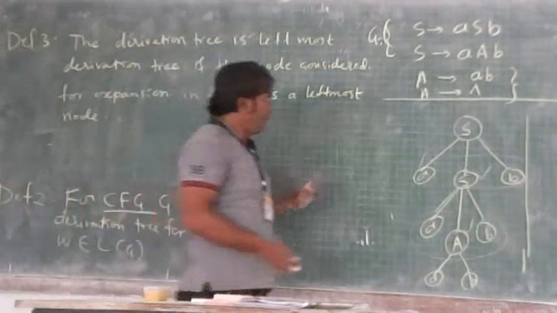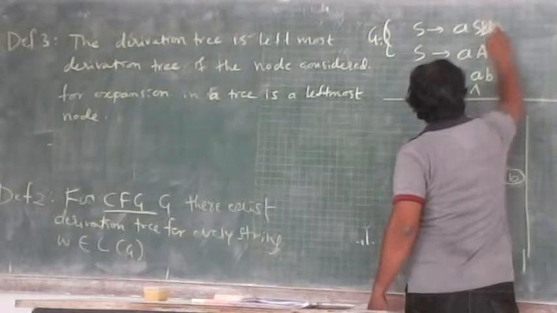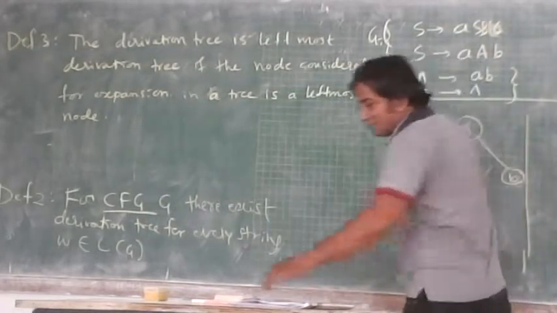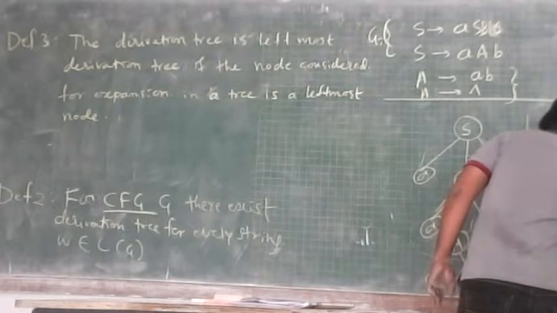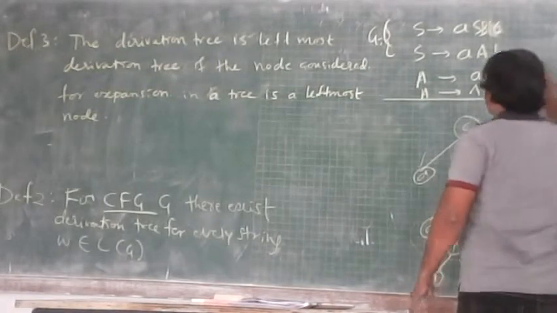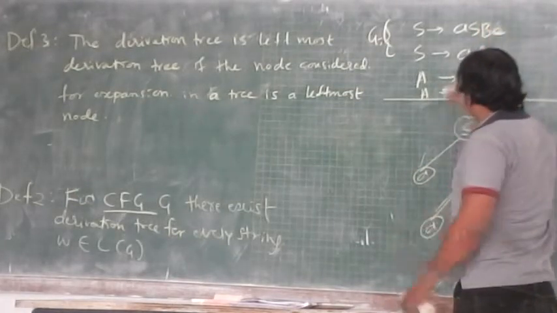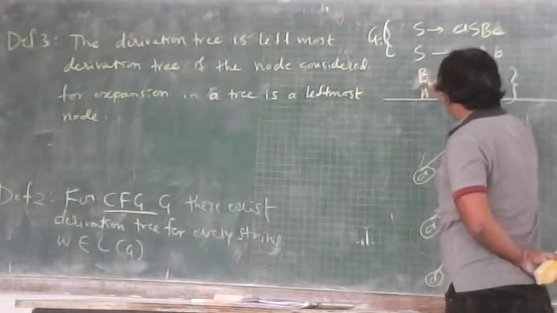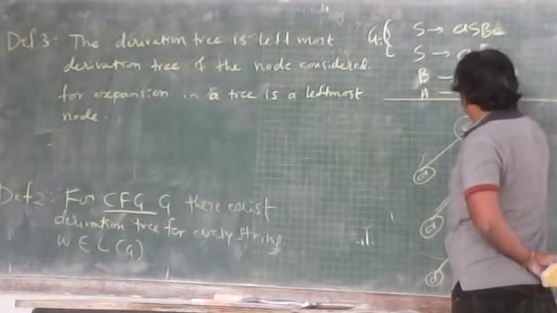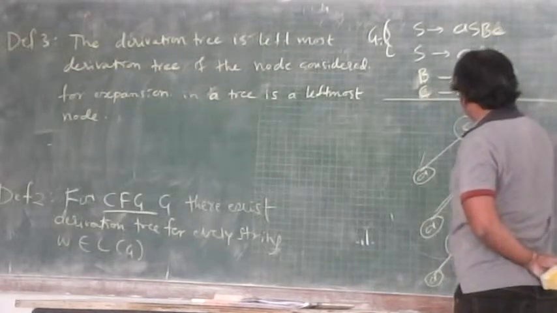Okay? For example, you consider this grammar: S goes to ASBC, B is AB, and C is something.